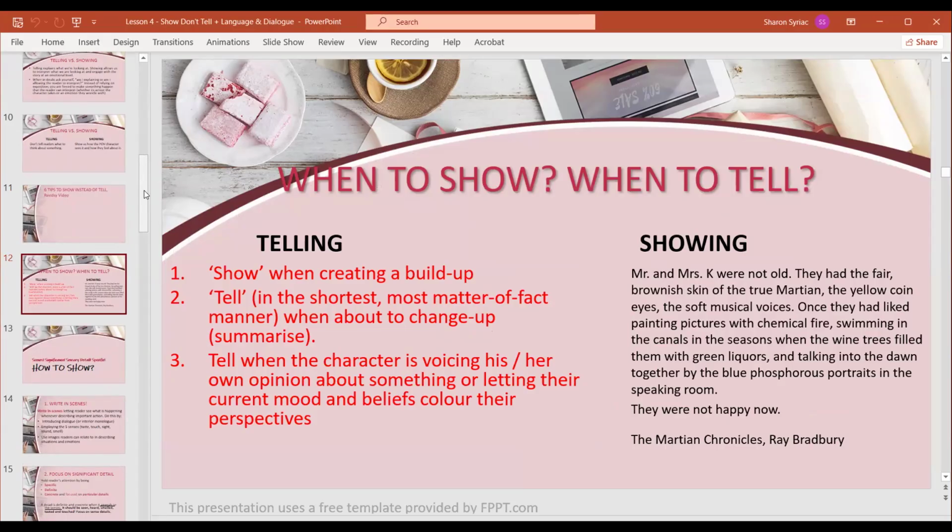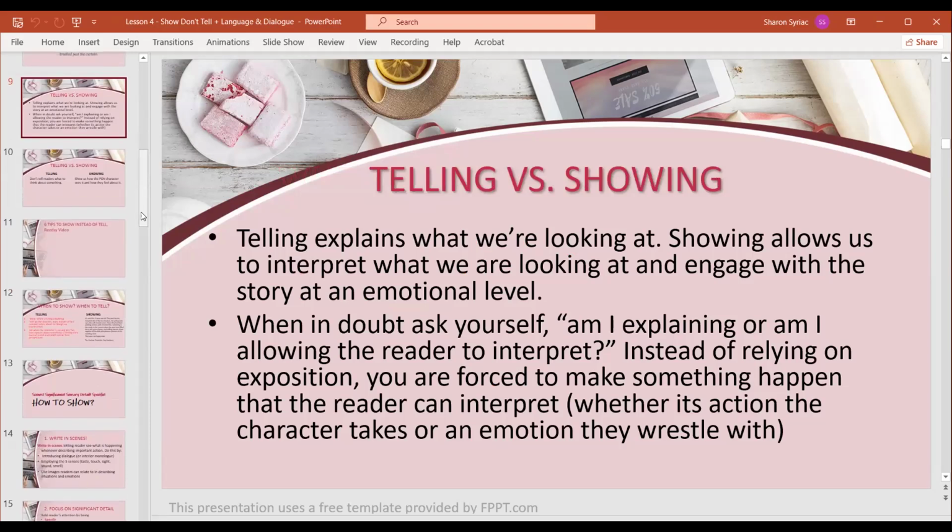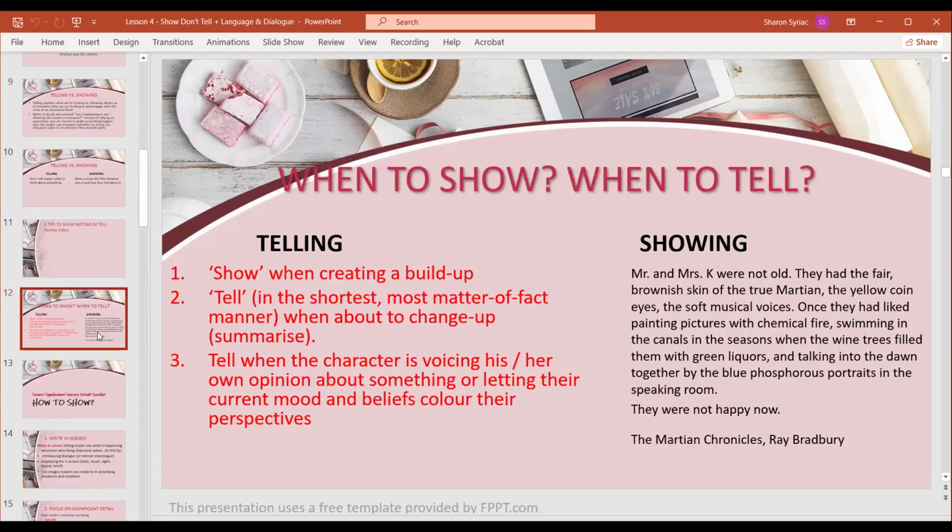Let me give you an example. I had a nice example. Where is it? Oh, this is it. Are you seeing my screen? Yes. Okay, good. So, Oshin, are you there? Yes, miss, I'm here.